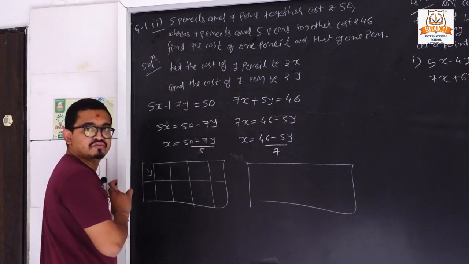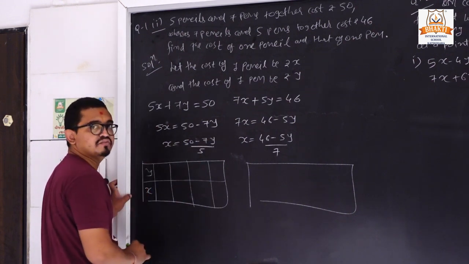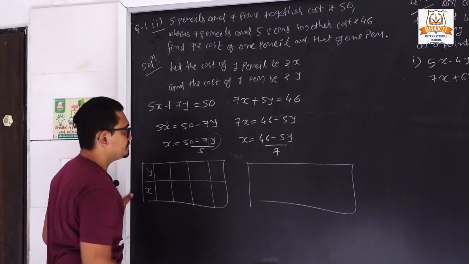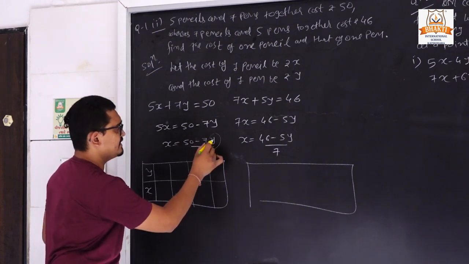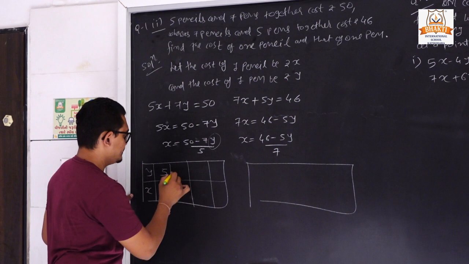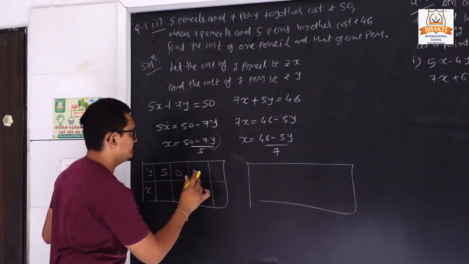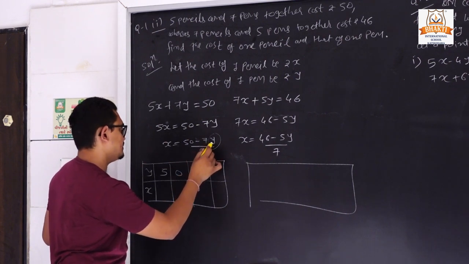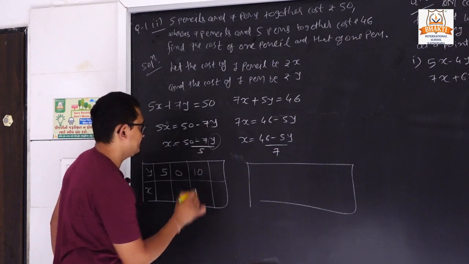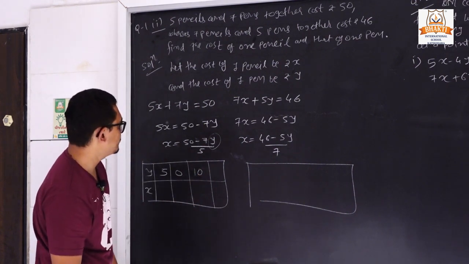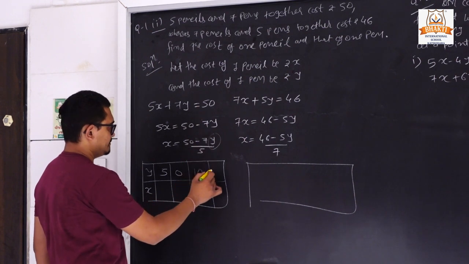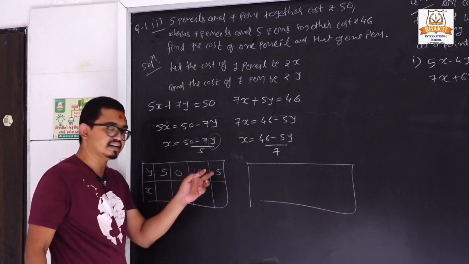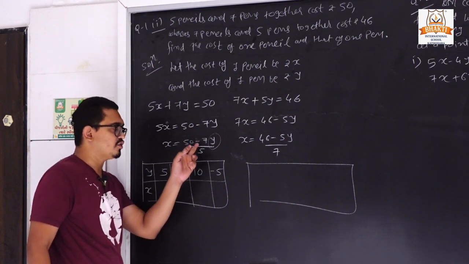So here we can make the chart for both. Here we will put the value of y and then we will find the value of x. So first of all we can put the value of y. Suppose we start with 5, then 0, then 10, minus 5, because if we put these values, the division is easily possible.